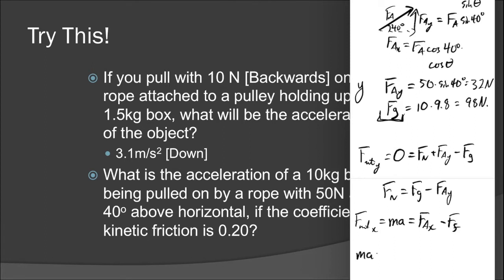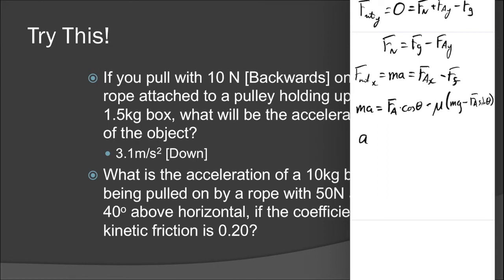So ma is equal to Fa times cosine of theta minus mu times mg minus Fa sine theta. And solving for our acceleration, we find this is equal to Fa cosine theta minus mu times mg minus Fa sine theta, all divided by m.